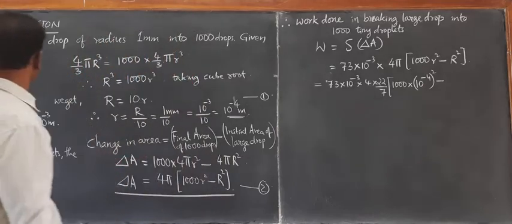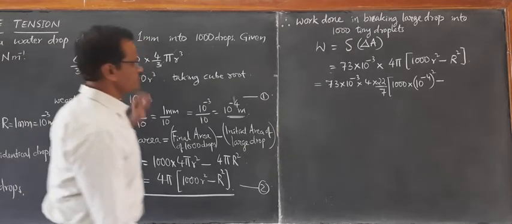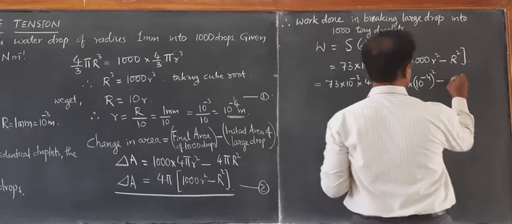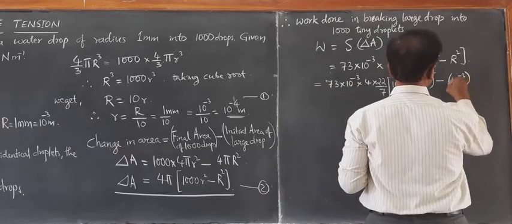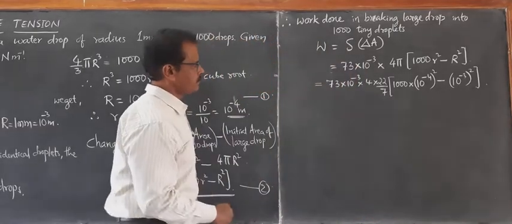What is capital R? It is given. Capital R is 1 millimeter, so (10 raised to minus 3) whole square. Now you can calculate.